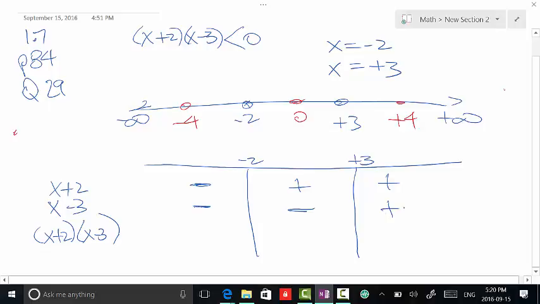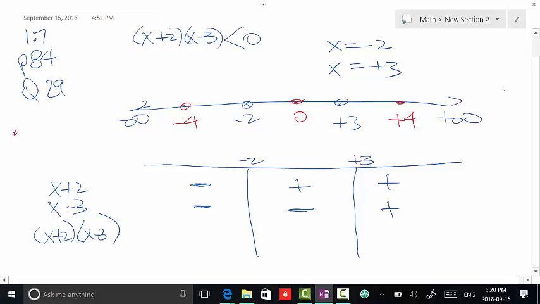So now what this means is I'm going to interpret my chart this way. Any value of x between negative infinity and -2 will be negative for the expression x + 2. Doesn't matter what I choose. Any value of x between negative infinity and -2 will also be negative for the expression x - 3.